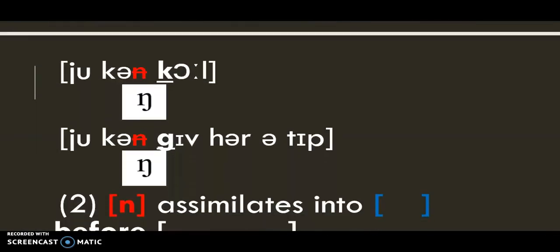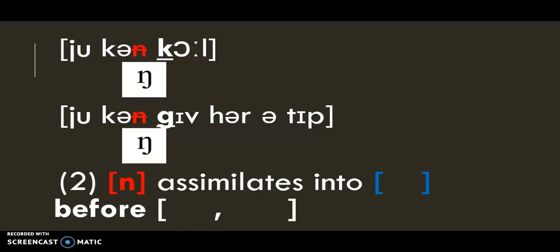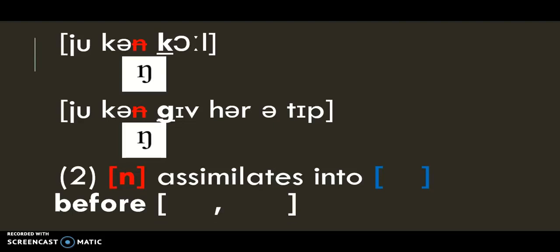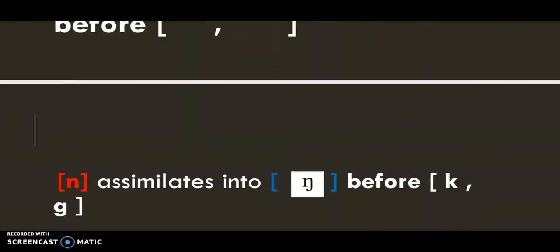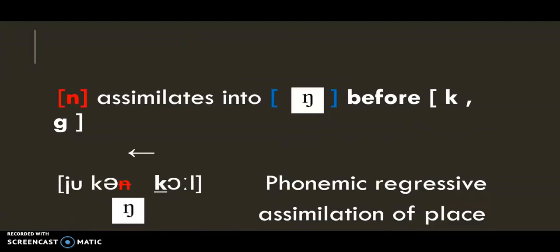The sound is the velar nasal, when it is followed by a velar sound. So again, stop the video, try to complete the rule, and when you have the answer, play the video again. What you are saying is that n assimilates into ŋ before k and g.